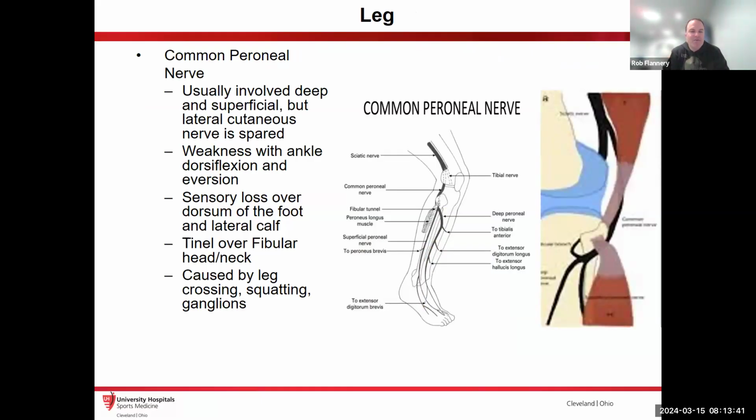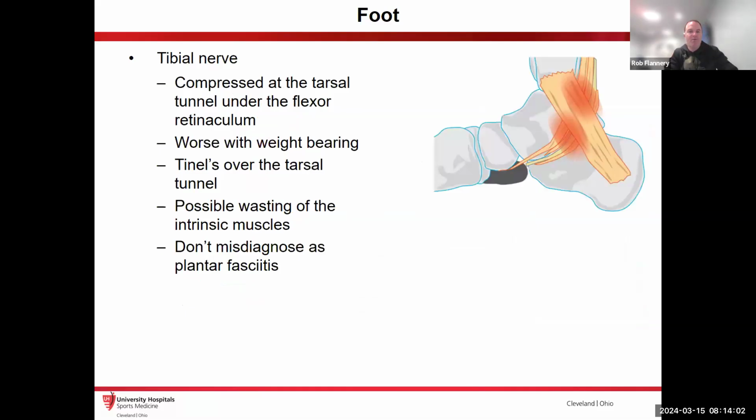Sensory loss over the dorsum of the foot and lateral calf. Tinel's test over the fibular head and neck. Again, you can cause this by crossing legs, squatting, ganglion cysts. It's good to evaluate this with an ultrasound and see if there's anything there that can be aspirated, maybe taking some of the pressure off. So we'll move from there into the foot.